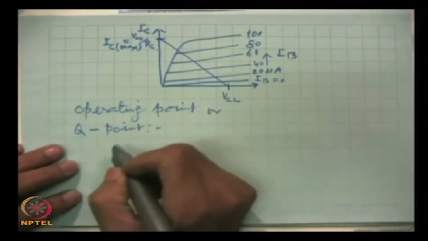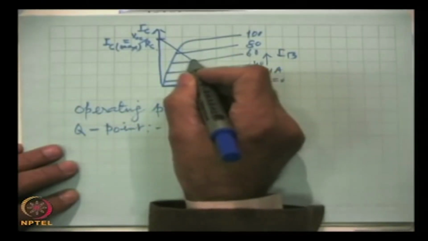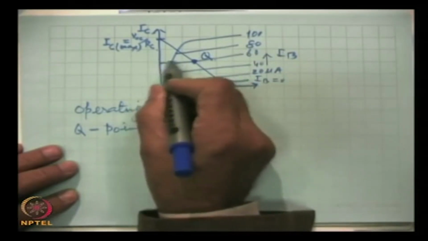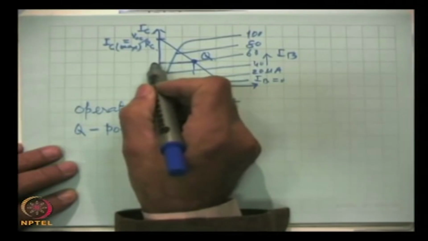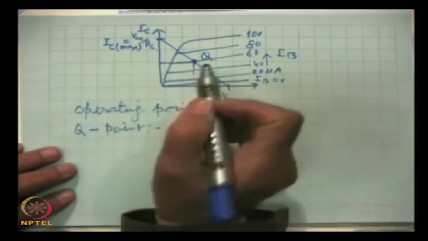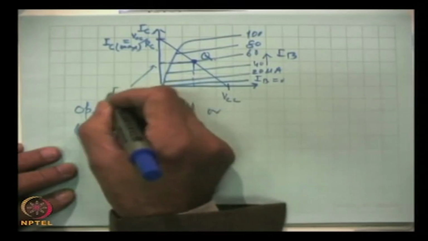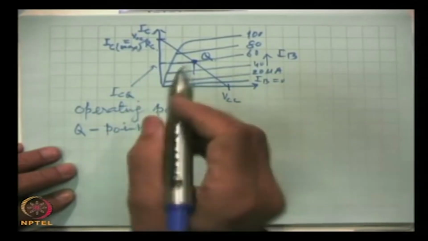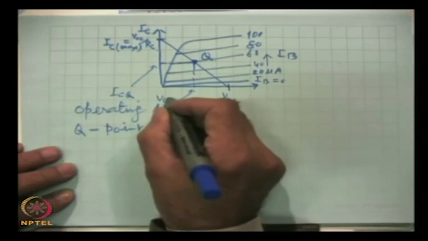By choosing an operating point, we mean, for example, this point is our operating point Q. Then that means we have chosen a DC collector current which will be flowing in the circuit in the absence of AC signal, and this is called ICQ, that means collector current at Q point, and similarly this is called VCEQ.